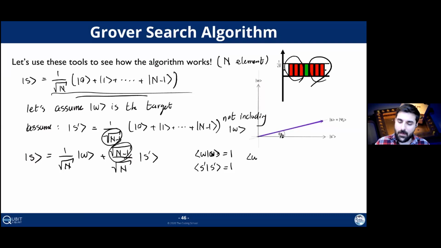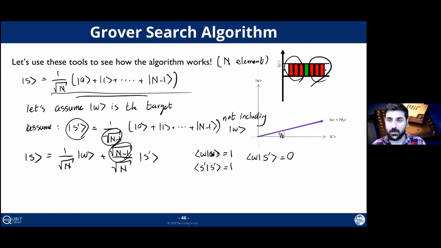But now the overlap of the W state with the S prime state, which I've defined up there, is equal to 0, since the S prime state, so this state, does not include W as an element of the superposition. So if the math is a little bit cumbersome, don't worry about it.